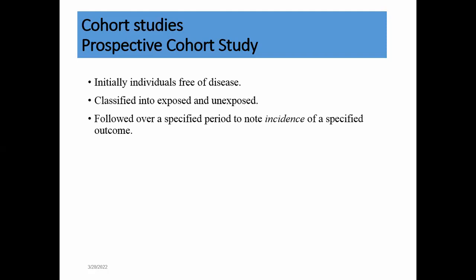So what happens in an ecological study is that it is a study done among populations. And so the interpretation of the findings is for the general population. The unit of analysis is at the population level. For example, we're taking Uganda as a population, Kenya as a population, and Tanzania as a population.